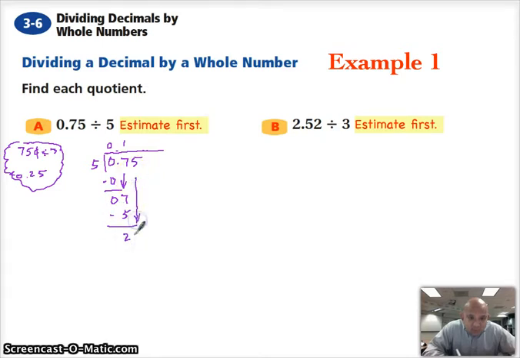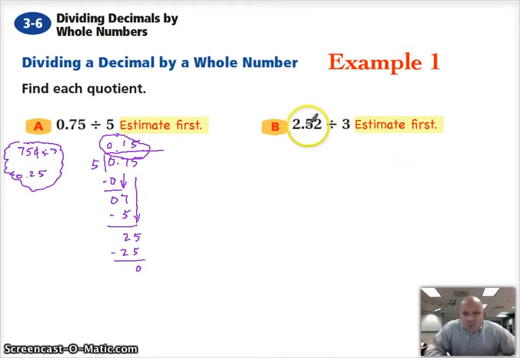Bring down the 5. 5 goes into 25 5 times. 5 times 5 is 25. I subtract here, I get 0. There's no remainder. So my answer here is 15 hundredths. Is that close to the estimation of less than 25 hundredths? You betcha. So this is certainly a reasonable answer, as well as I know it's accurate.